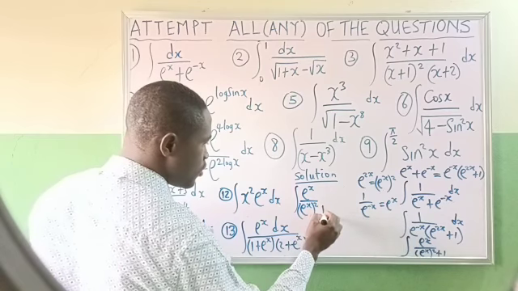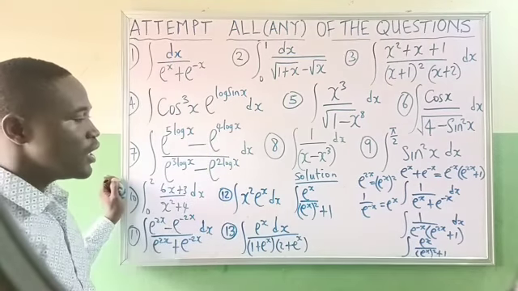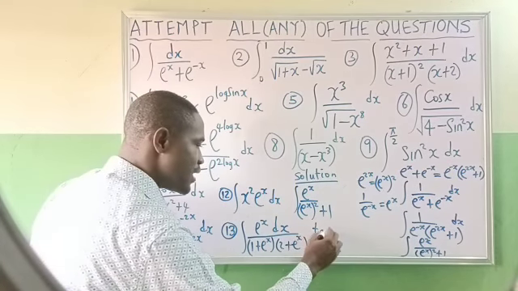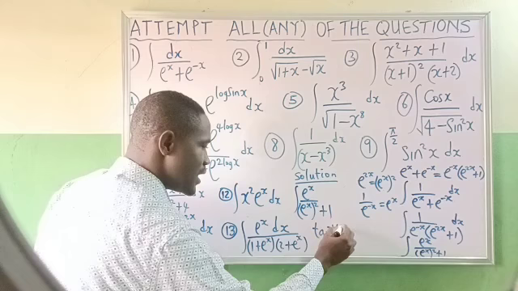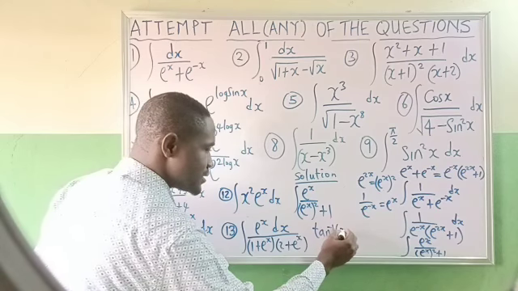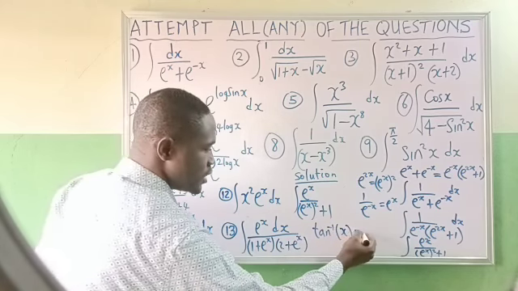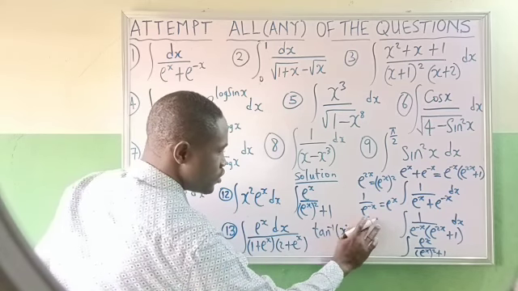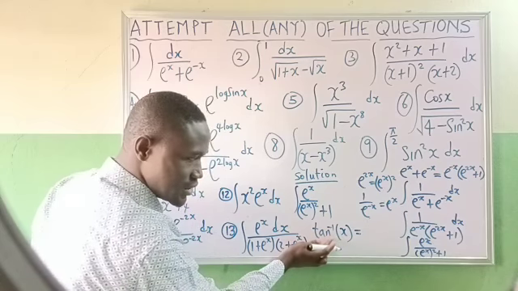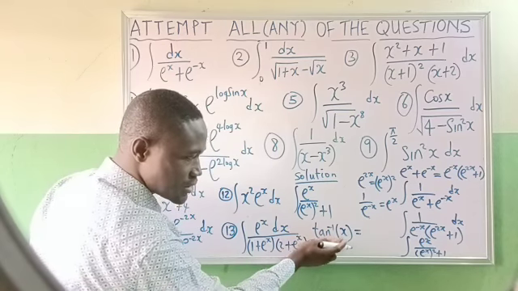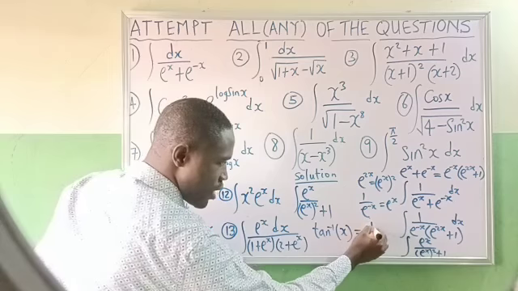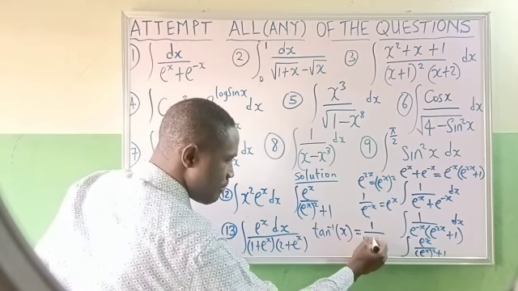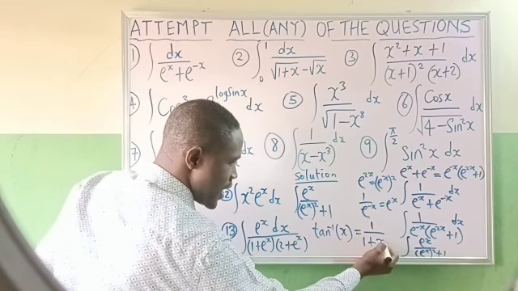It is important to note that if you differentiate tan inverse of x, it will give you 1 over 1 plus x squared.